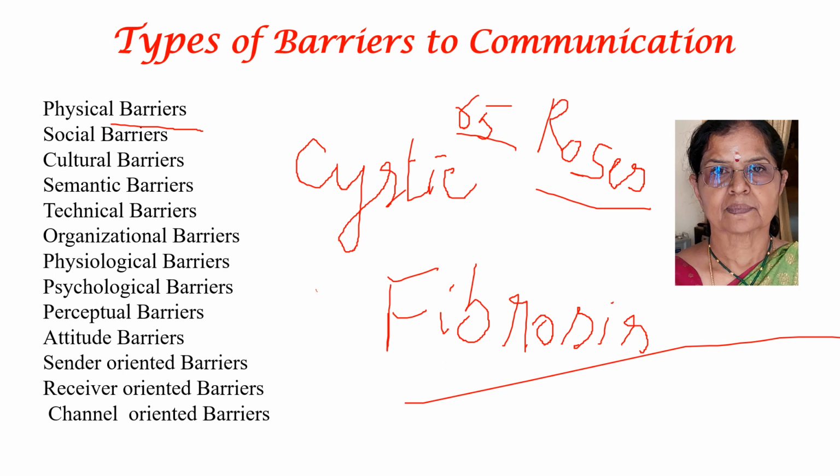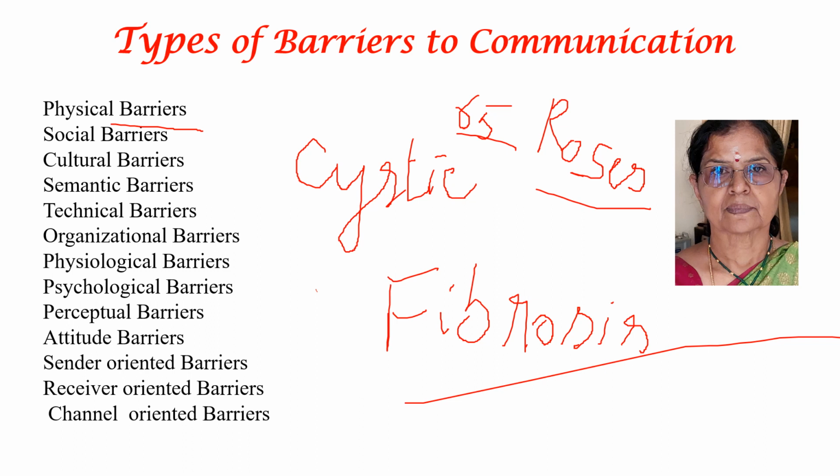So this is a very good example of a barrier in communication because of similar sounding words. The receiver may get confused by the sounds of the words, and especially in this case, this girl being a very small child, not exposed to the names of diseases, she thinks she has got 65 roses in her.